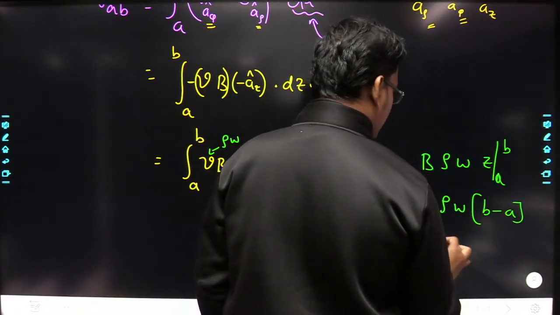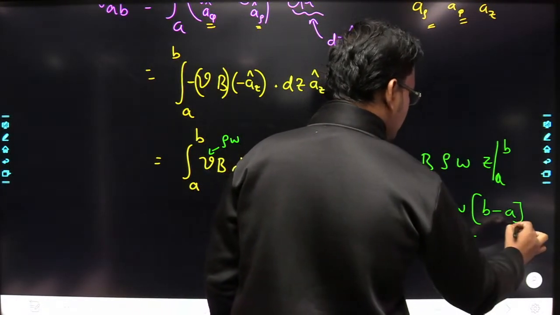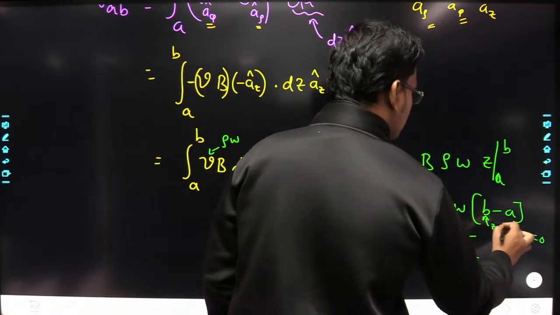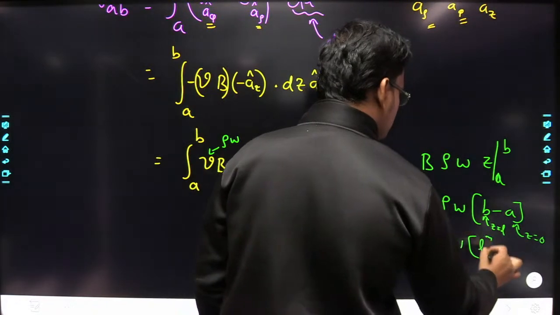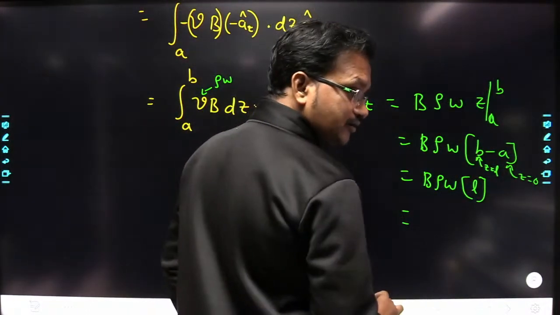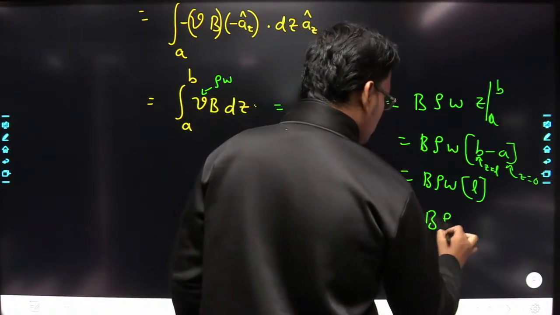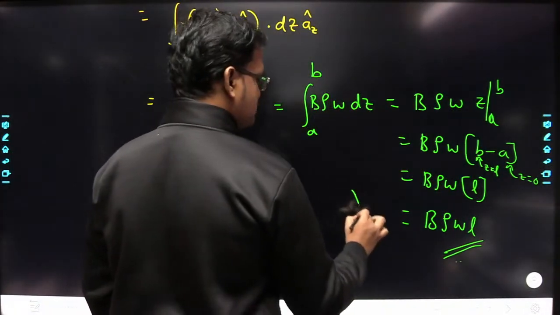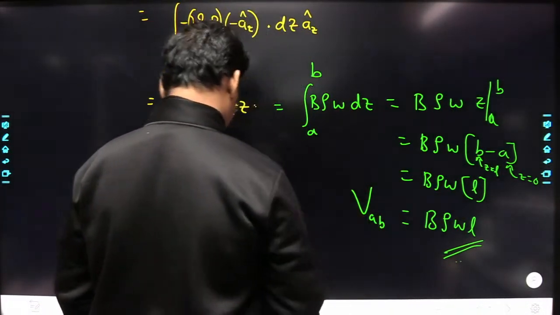At A, z value is 0. At B, z value is L. So you get L minus 0, that is L. This is the expression: B rho omega L. This is the expression for V_AB.